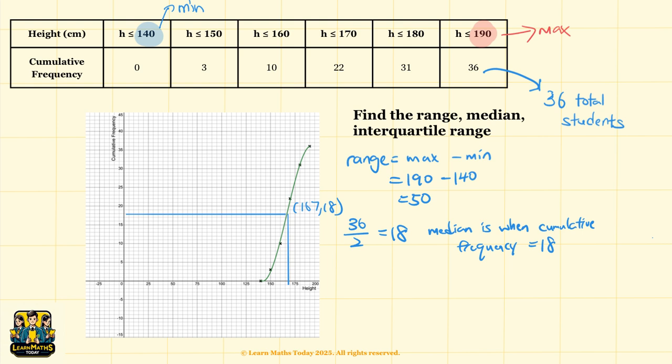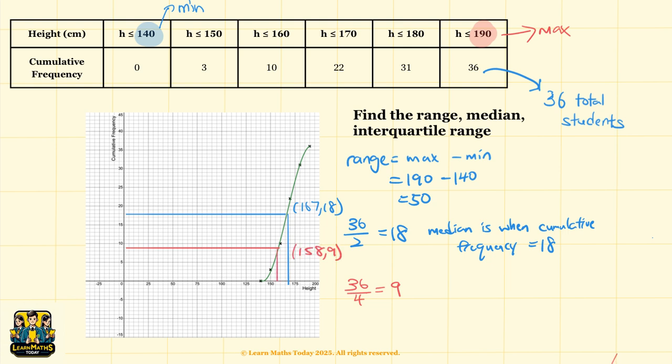Similarly, for the lower quartile, it should be at the point where the cumulative frequency is 36 divided by 4, equal to 9. So we draw a horizontal line from y equals 9 and see where it hits the curve.